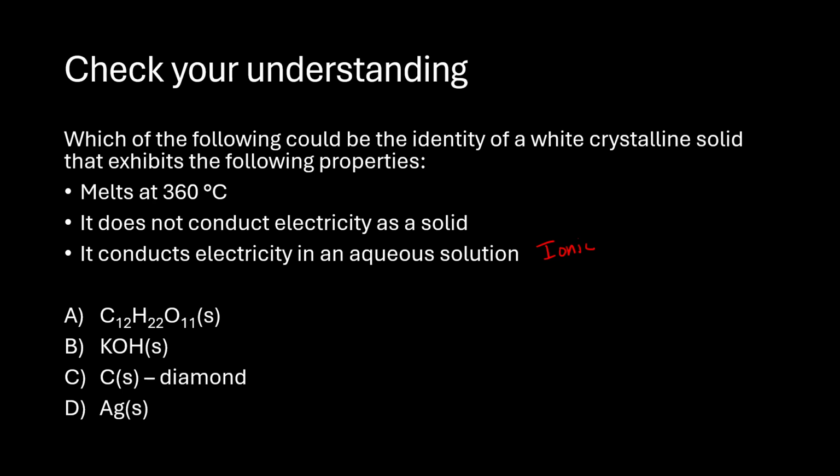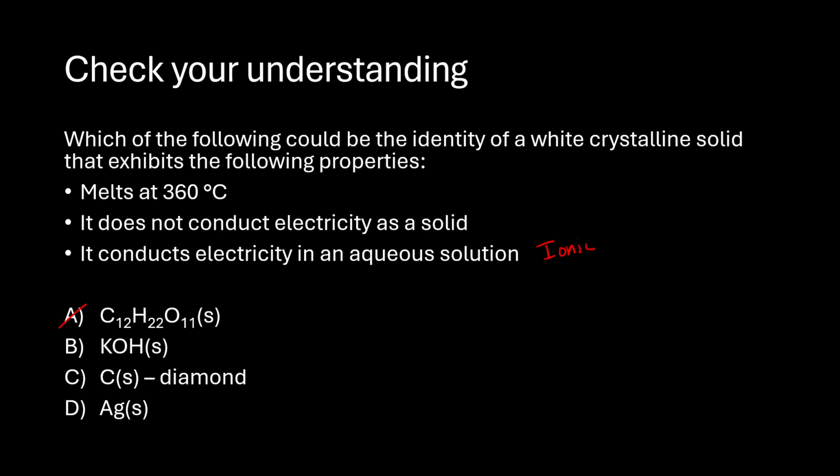So if we look at A, again, it is sucrose. Those are all nonmetals. I'm not getting ionic there. That's going to be a molecular solid, so it's not going to be A. I can cancel that out. KOH, so hydroxide. The OH is a polyatomic ion that's going to have a 1 negative charge, and that potassium is a metal, so I have a metal and a nonmetal group there, so I'm thinking maybe that's the right answer, but let's double check.